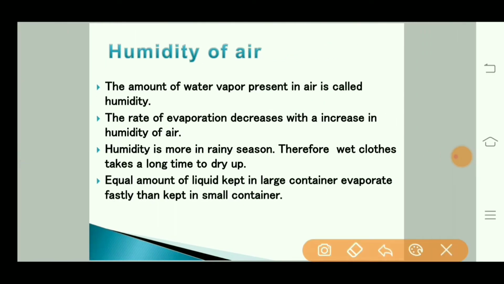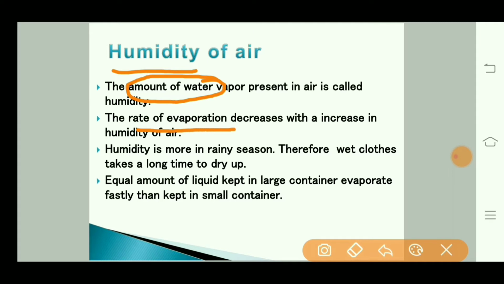Next factor we have is humidity of air. Students, humidity means the amount of water vapor present in air. If the water vapor present in air is more, we say humidity is high, and when water vapor present in air is low, that is called humidity is low. So this also affects the rate of evaporation.